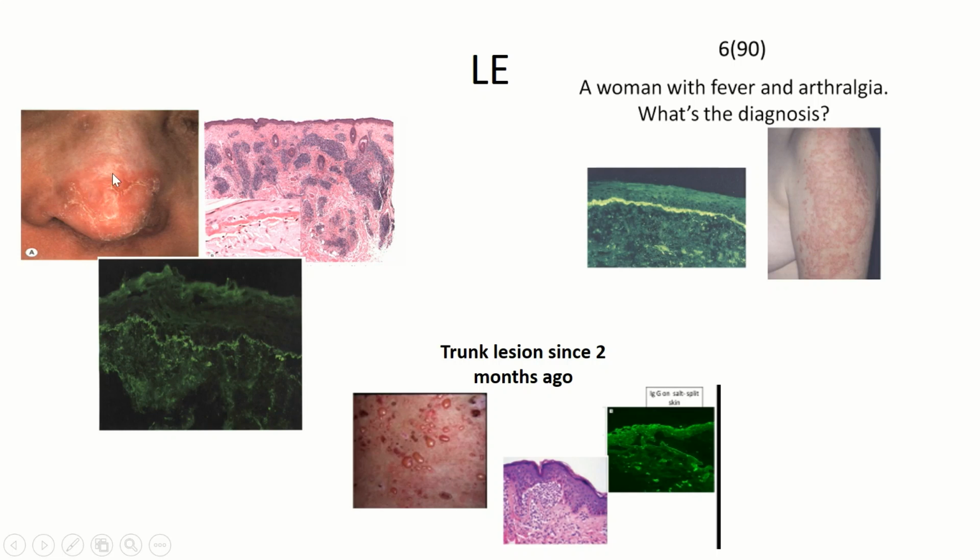You see here some cases of lupus erythematosus. Here is compatible with DLE, subepidermal, predominance of floor. Here, dense infiltration, dermal infiltration, subepidermal bulla with the dominance of floor.